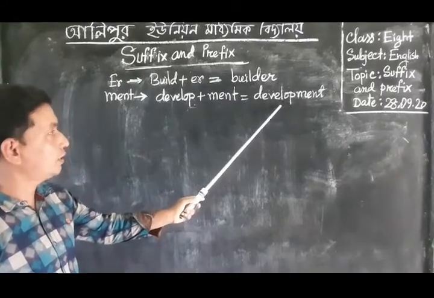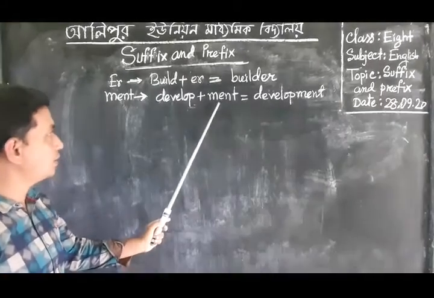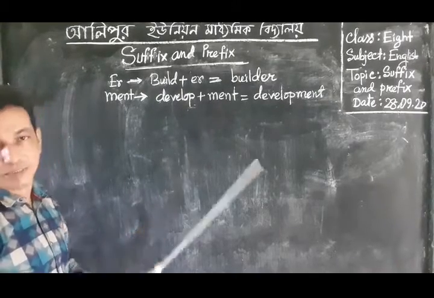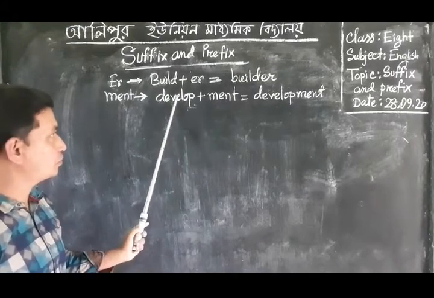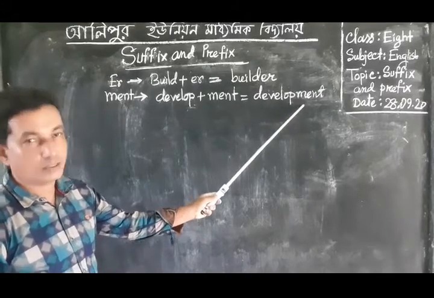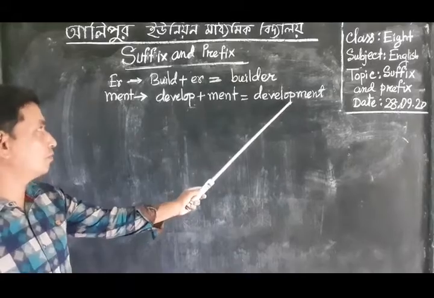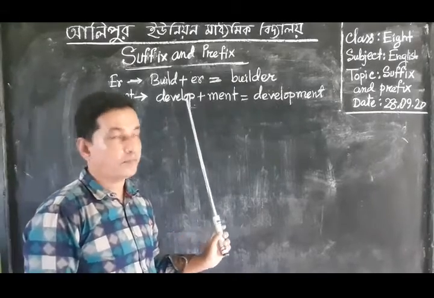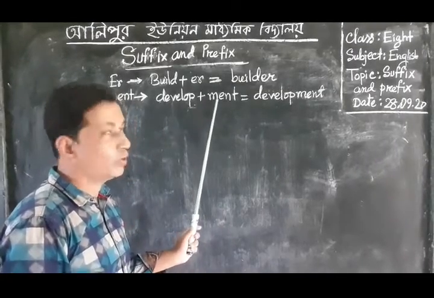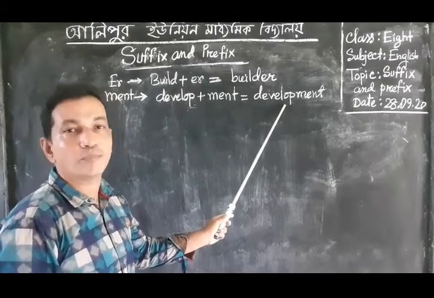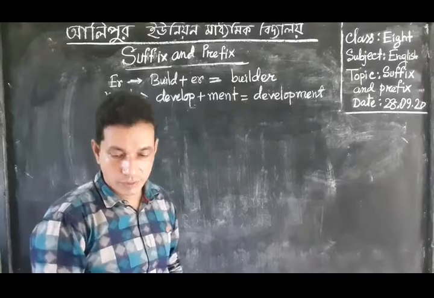So "-ment" is a suffix and helps the verb to make a new word, and this word is a noun. Development is a noun, but develop is a verb.